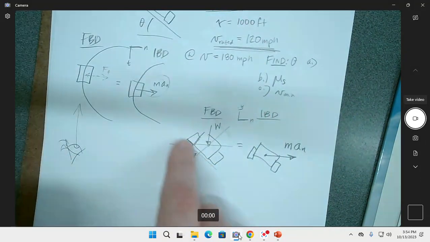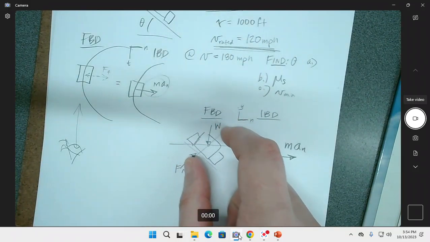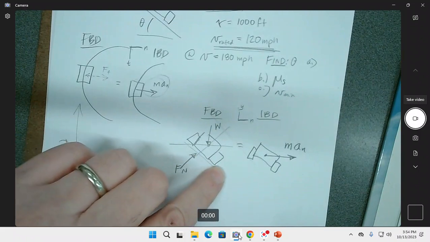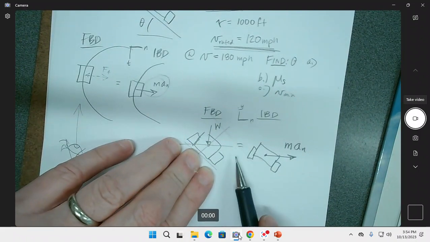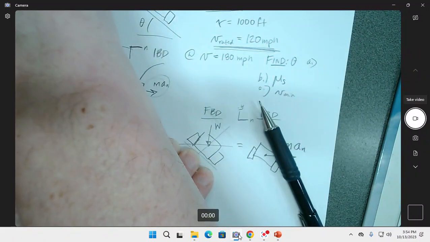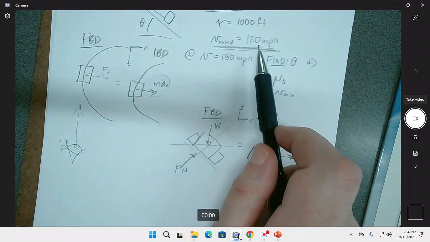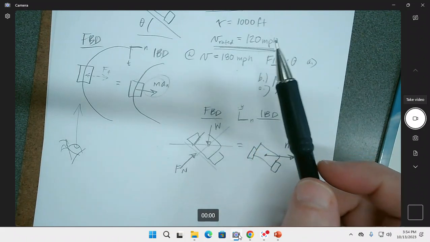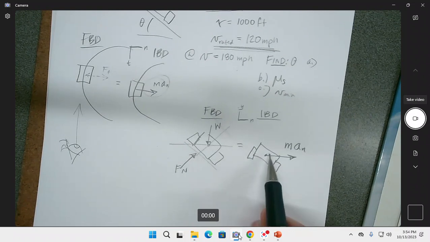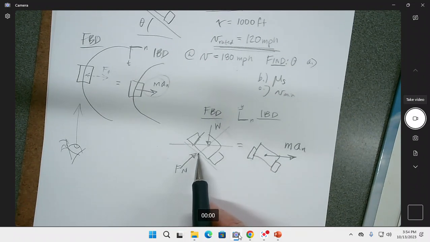If this was greasy, the car starts sliding down. Or if this was really, really greasy and the car is running around the track, it's going to go wee and slide up right there. But they say this rated speed is one in which you don't need a friction force. All you need is this thing to balance out.